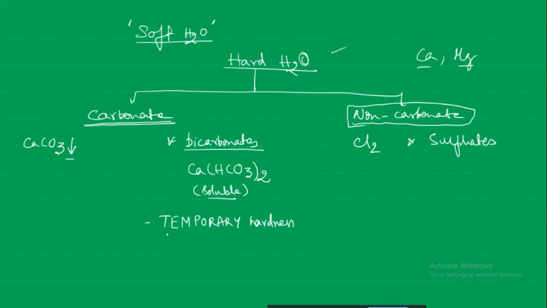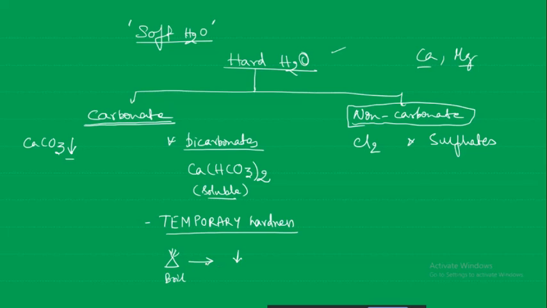Okay, we say temporary hardness. Why? Because this is soluble. Calcium bicarbonate is soluble. If you boil it, then what is going to happen? This bicarbonate will be converted into carbonate and it will precipitate.